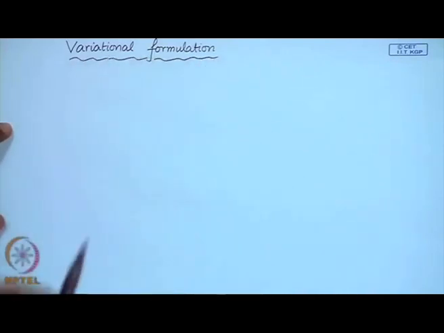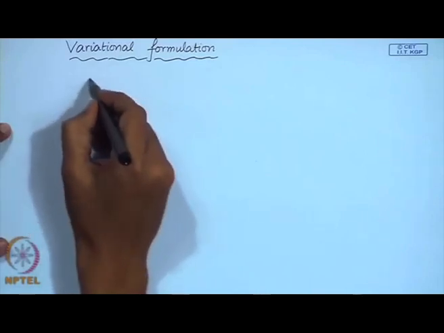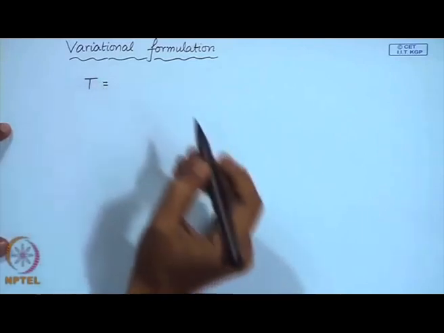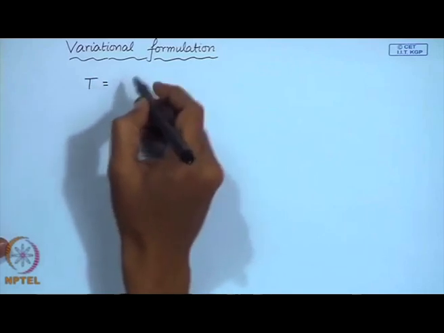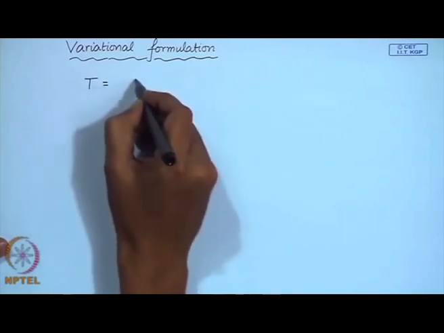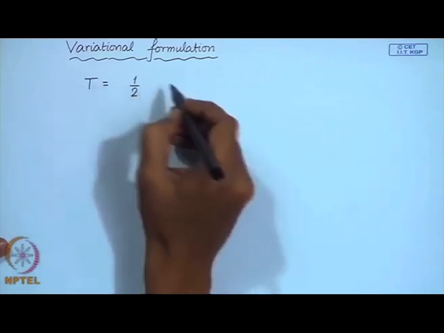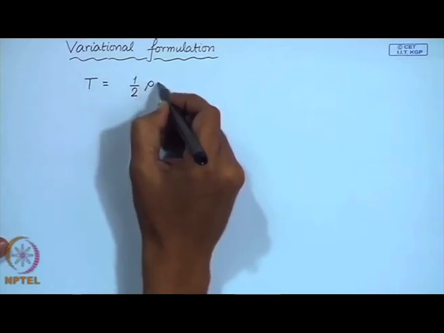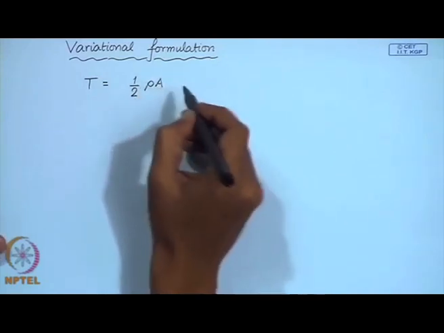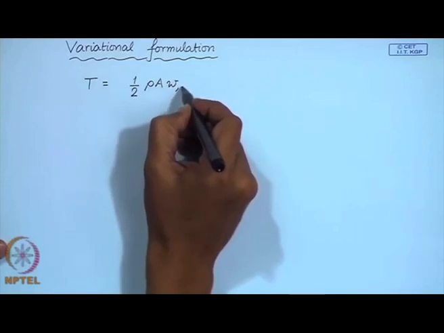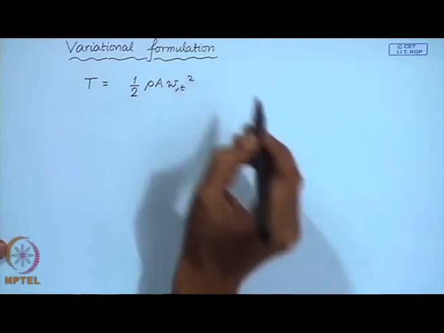In the variational formulation, we write down the kinetic and potential energy expressions. So, the kinetic energy is 1/2 mass per unit length times the velocity square.